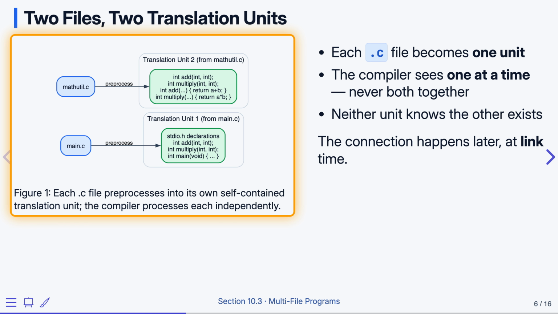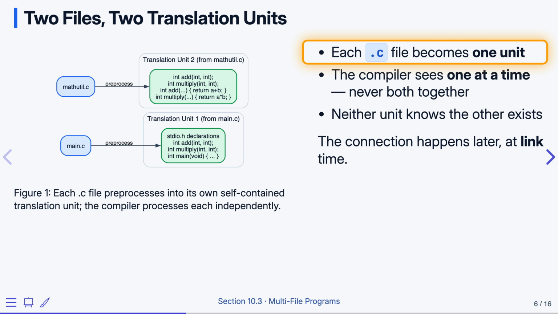This figure shows the idea. On top, main.c preprocesses into translation unit 1, with the stdio declarations, the add and multiply prototypes, and the main body. Below it, math_util.c preprocesses into translation unit 2 with the same prototypes plus the actual bodies.